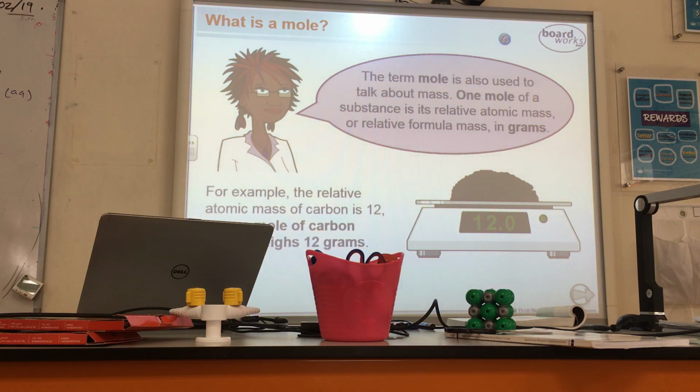Now, if I said to Mehek, go and get me a dozen eggs, how many eggs would I want? Listen first, and then go. If I said to Mehek, I would like a dozen eggs, how many eggs is she going to get? 12. If I said to Mehek, go and get me a mole of eggs, how many eggs would she come back with?